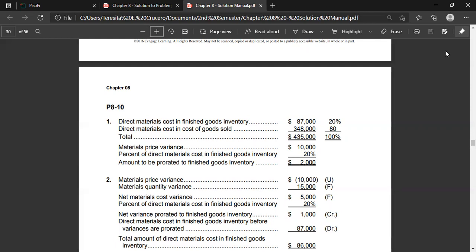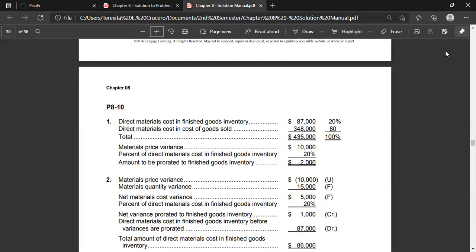So we have now the following information available at the end of the year. So we now have your requirement for number 10. First, we are required to calculate the amount of material price variance to be prorated to finished goods at December 31.